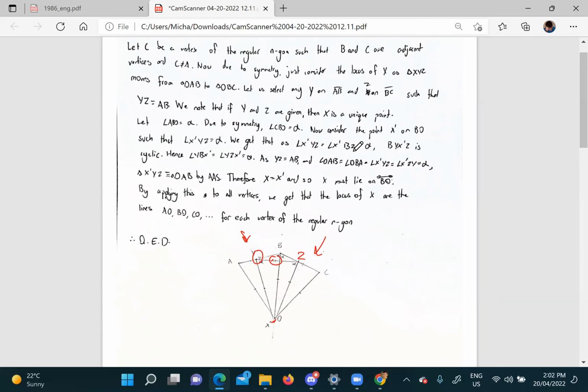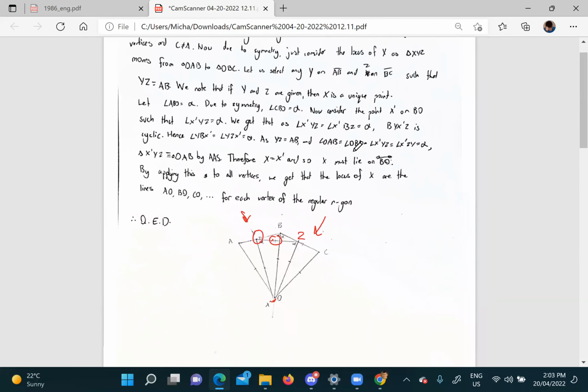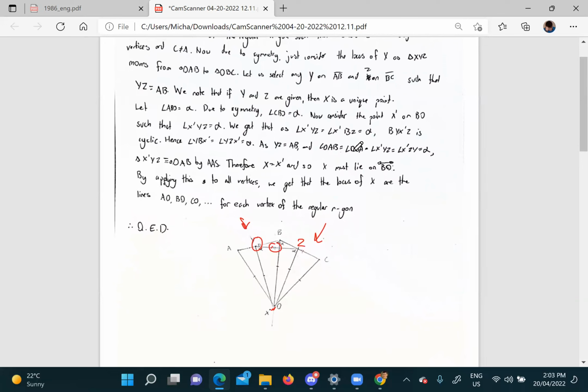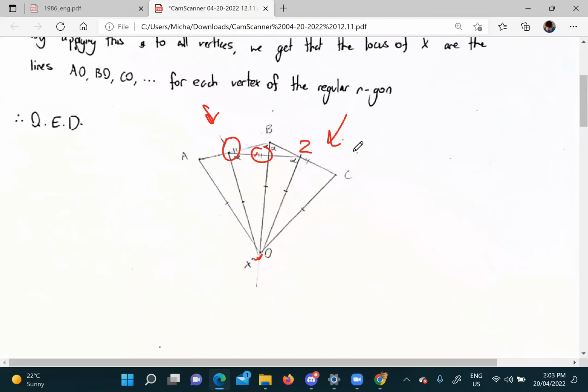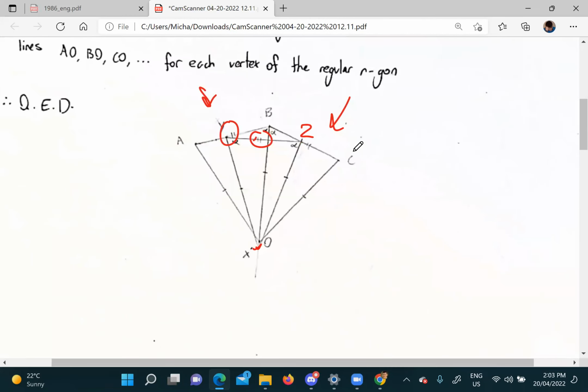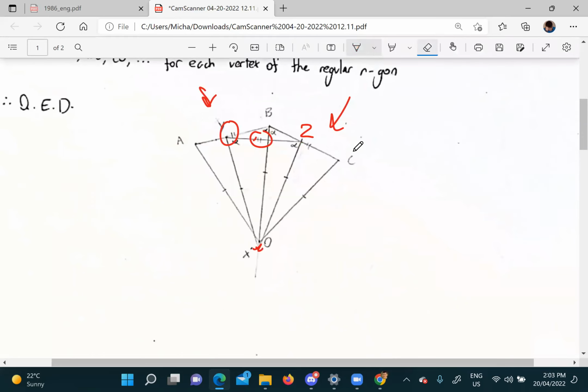Alright. We note that if Y and Z are given, X is unique. Let ABO equal alpha. Due to symmetry, blah blah blah. Now consider X prime on BO. Holy moly. Wait, is it? Oh.